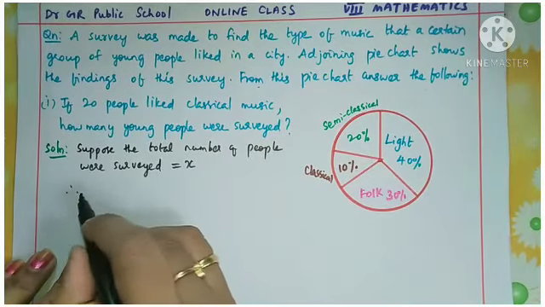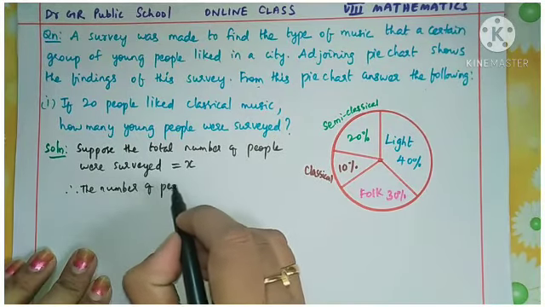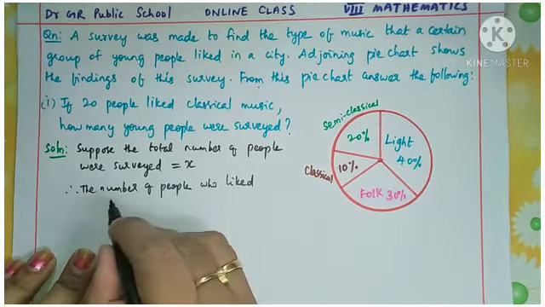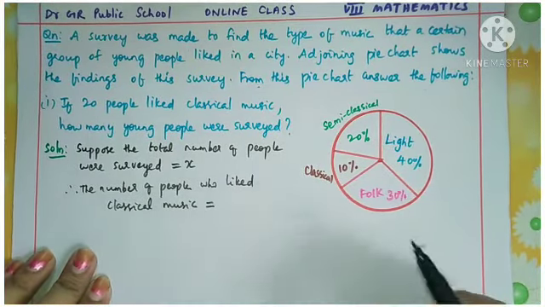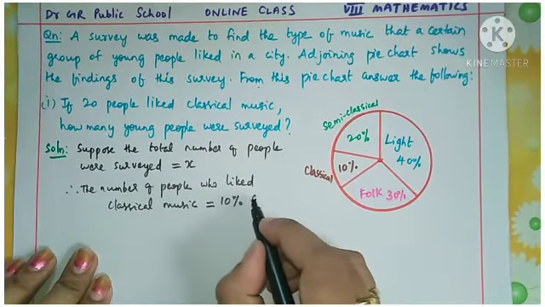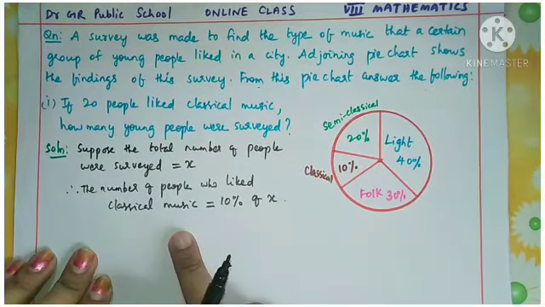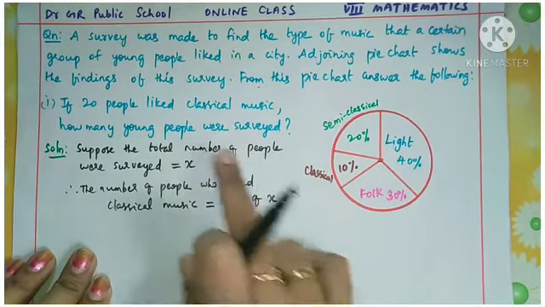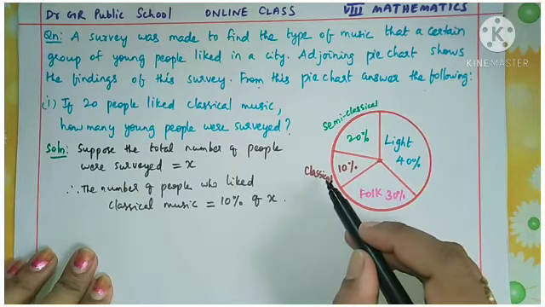Therefore, the number of people who liked classical music is equal to, what is the percentage for classical music? 10%. So 10% of this total value x. You understood? So the total people we don't know, we took as variable x, and from this total, 10% of the people liked classical music.